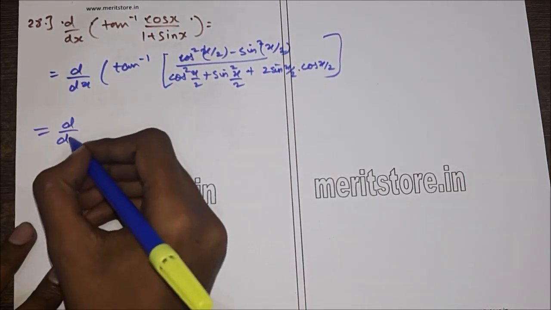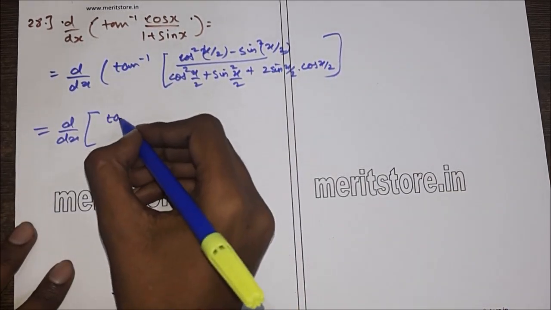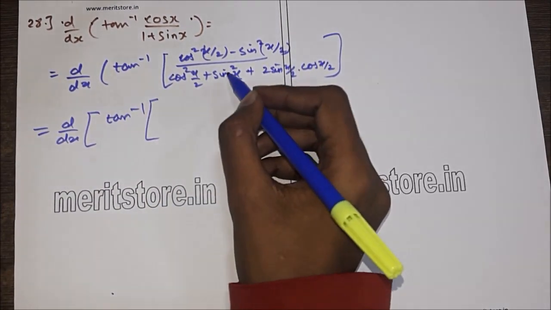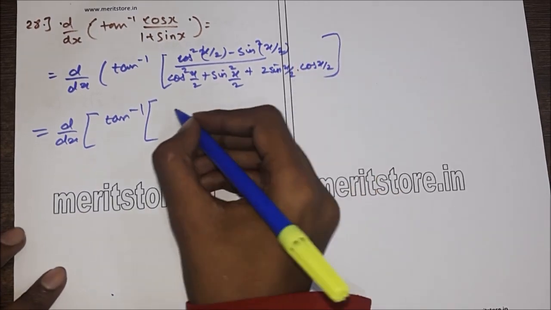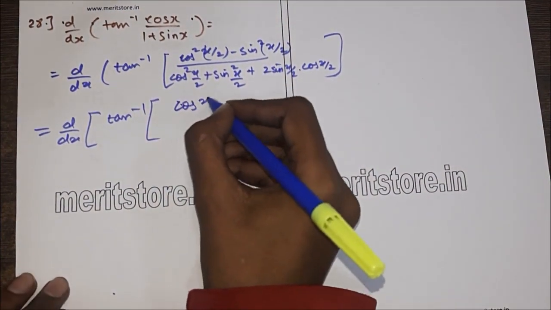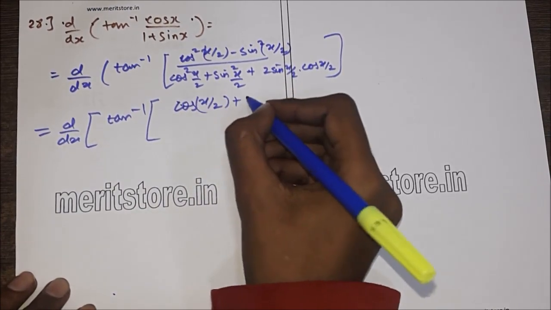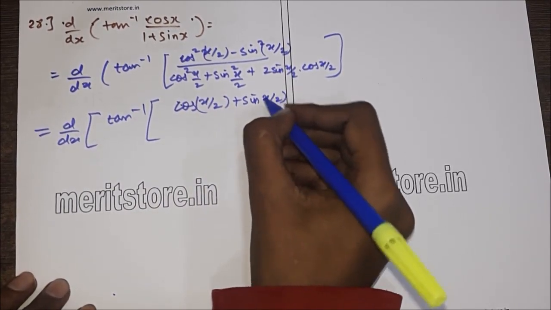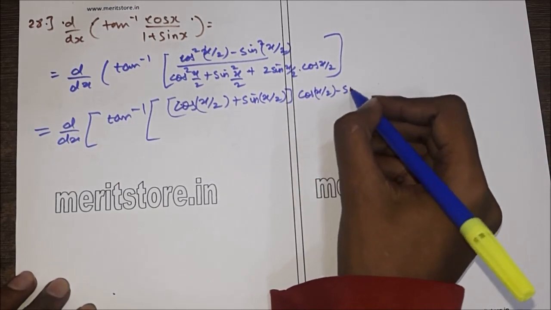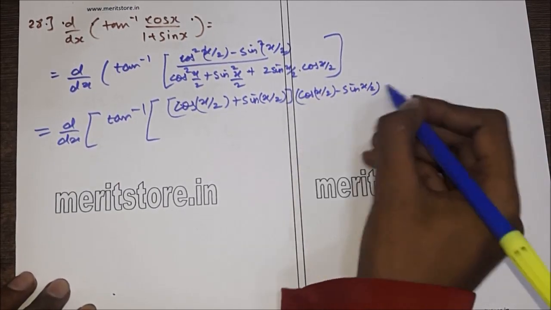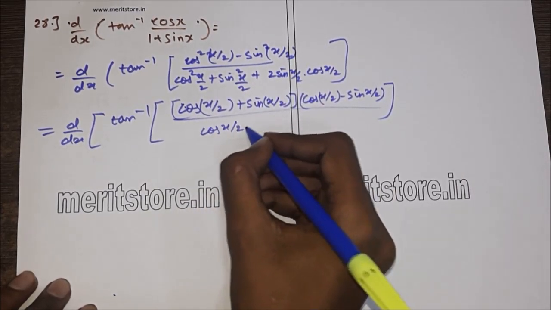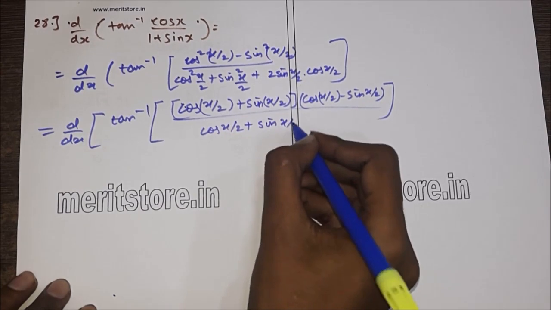So d by dx of tan inverse of, dividing throughout, we can write the numerator as cos x by 2 plus sin x by 2 into cos x by 2 minus sin x by 2, since this is in the form of a plus b, a minus b. Similarly, the denominator can be written as cos x by 2 plus sin x by 2 the whole square.